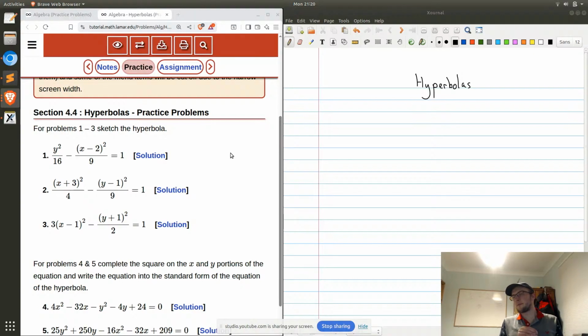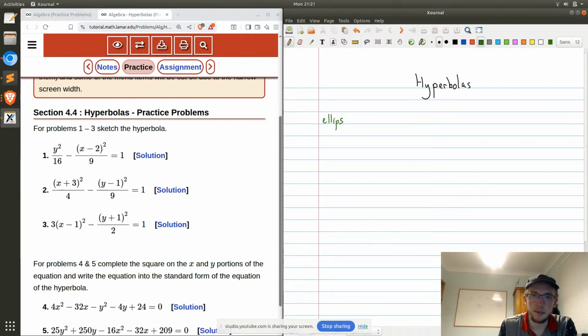The standard form of an ellipse, which is an oval, is x minus h all squared over a squared plus y minus k all squared over b squared equals 1. The standard form of a hyperbola is x minus h all squared over a squared minus y minus k all squared over b squared equals 1. Very, very similar. They just differ by that middle sign.